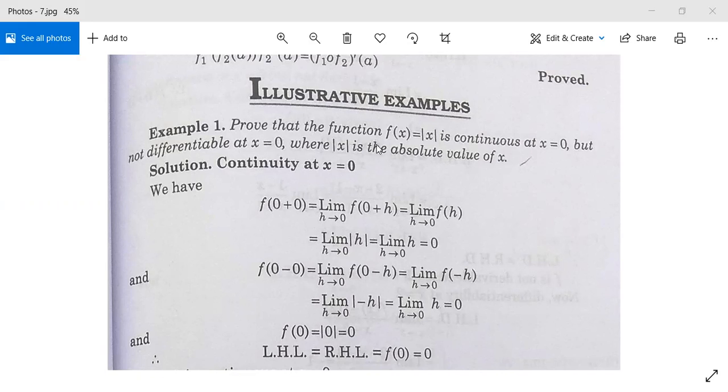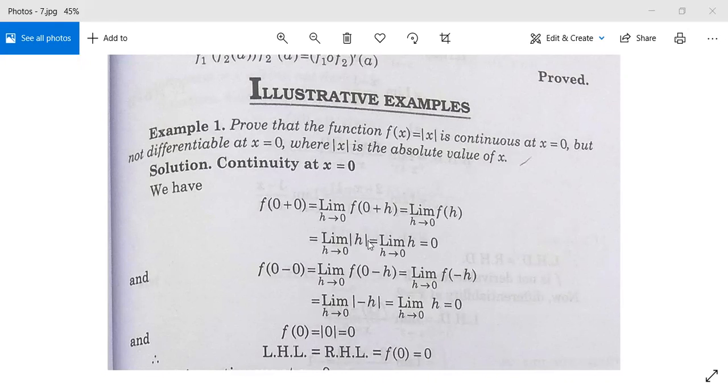Prove that the function f(x) equal to mod x is continuous at x equal to 0, but not differentiable at x equal to 0, where mod x is the absolute value of x. See, continuity at x equal to 0. The right hand limit f(0+0) is limit h tends to 0 of f(0+h), which is limit h tends to 0 of mod h.